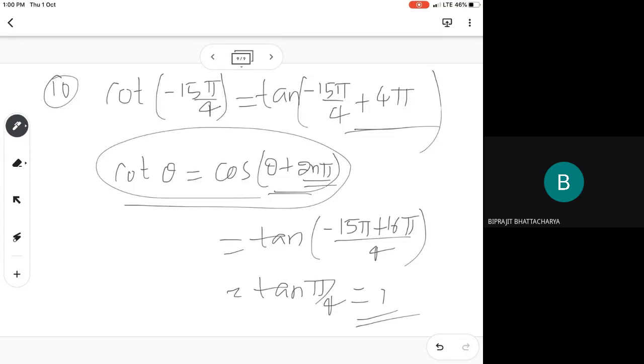All the sum of the trigonometric identity, sum and multiple angles concept will be there. Sum and difference of the trigonometric functions, two angles to be taken into consideration: sin x plus y, sin x minus y, cos x plus y, cos x minus y, sin 2x, cos 2x, tan 2x, sin 3x, cos 3x, tan 3x.